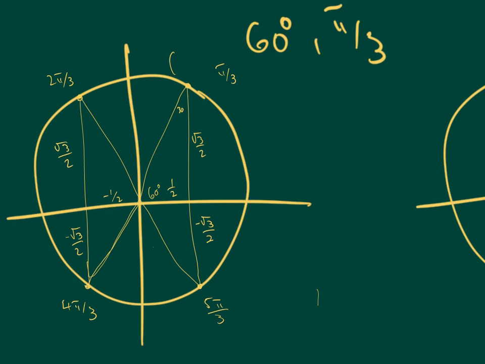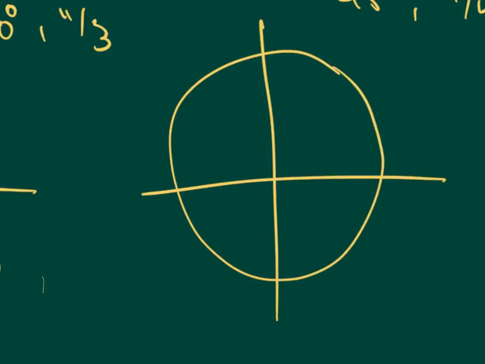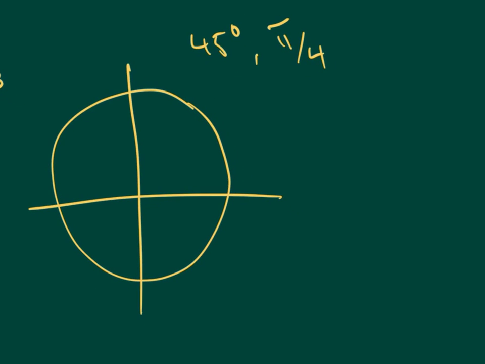So then this point is 1/2, √3/2, and this one is -1/2, √3/2. This one is -1/2, -√3/2, and this one is 1/2, -√3/2.